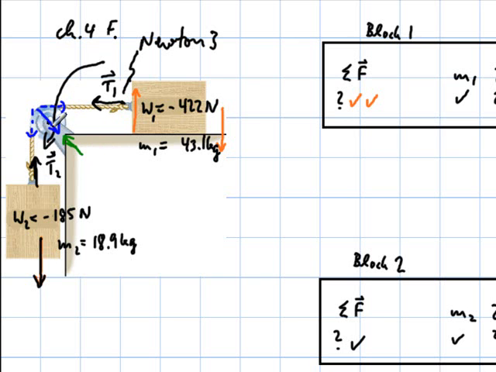So here it's the tension on the cord pulling on the pulley, and then here the pulley pulling on the cord, and here the same thing, the pulley pulling on the cord, and here the cord pulling on the pulley.